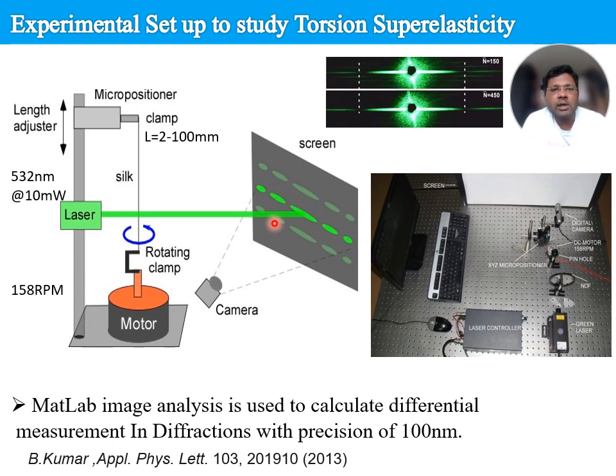That tells us the time when the diffraction disappears, and we can calculate the number of turns in the silk thread. In addition, frames at different times for any number of rotations were extracted and analyzed for transverse compression in the silk due to twist. Performing differential measurement on laser diffraction from twisted silk, we attained a precision of 100 nanometers in the silk diameter change in our experiment.